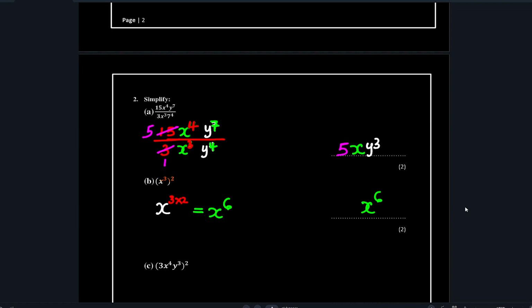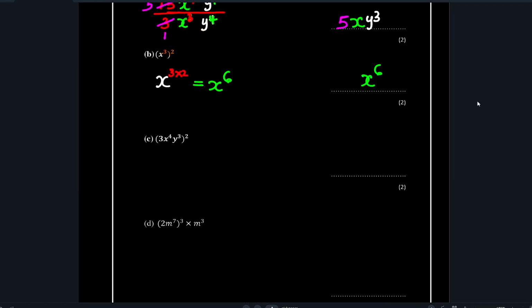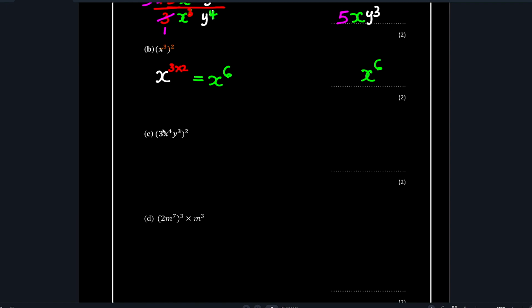Part C, we are given 3x power 4, y power 3 in brackets, power 2. So the power 2 is going to affect all the terms which are inside the bracket. For instance, under this, we have 3 raised to power 1. So all the powers are going to be multiplied by 2.